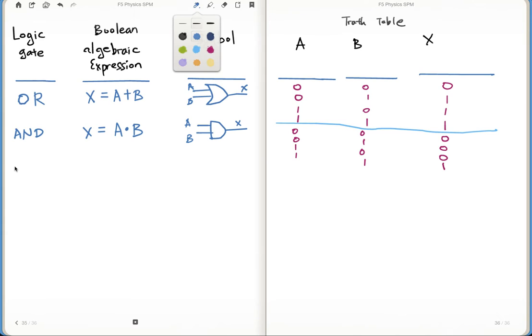The third one is the NOT gate, N-O-T. For the NOT gate, output X is the inverse of A. It's A bar. The symbol will look like this: input, triangle. Don't confuse this with a diode, which is different. It's a triangle, and then you have a circle.